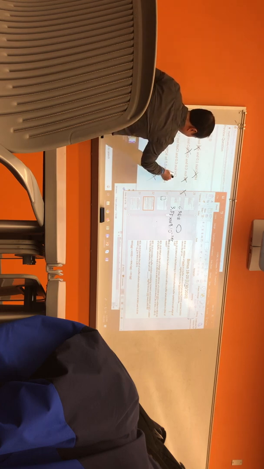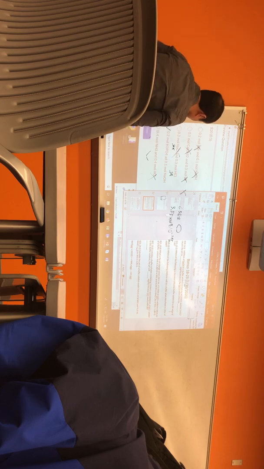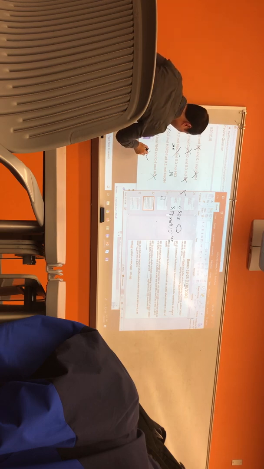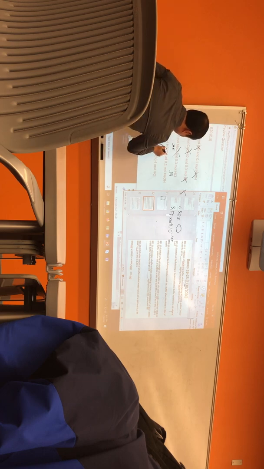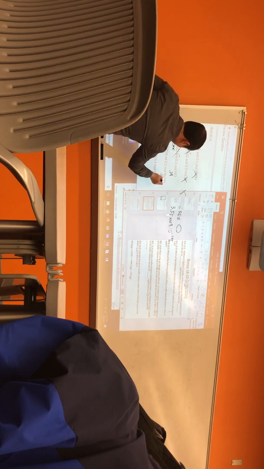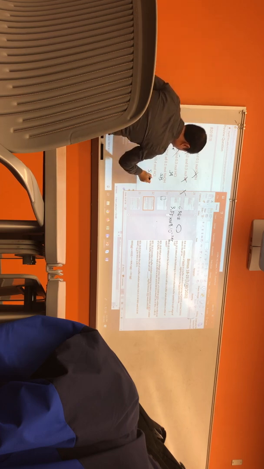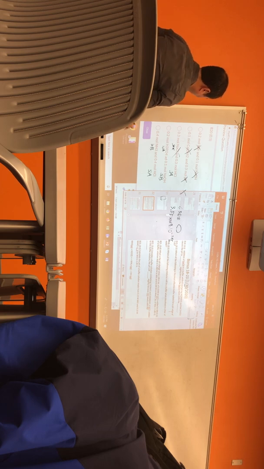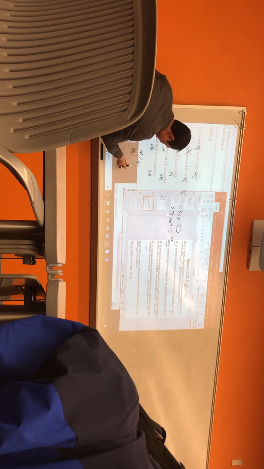Strong acid salt? No. Weak acid, strong base; weak base, strong acid. Now, to have a buffer, you have to have a weak acid and its conjugate base, or a weak base and its conjugate acid.